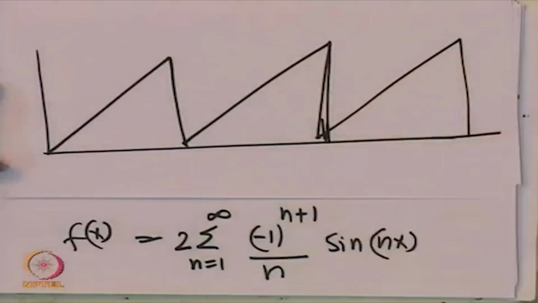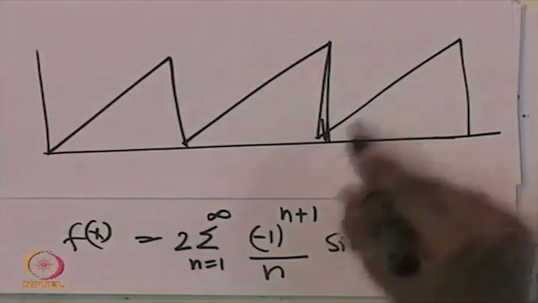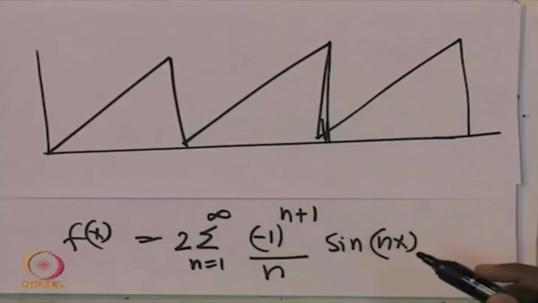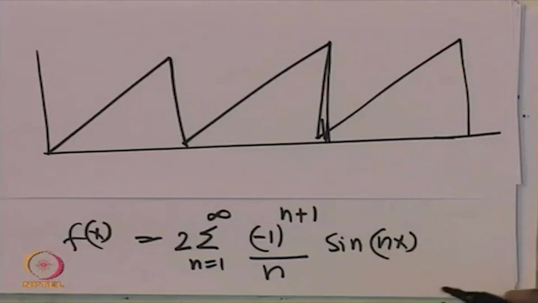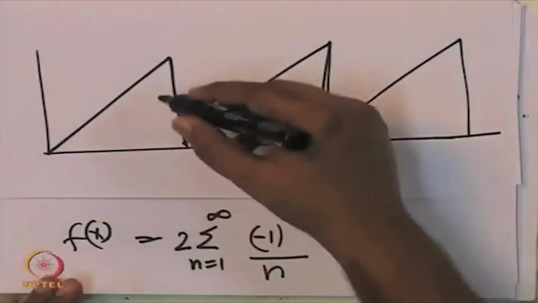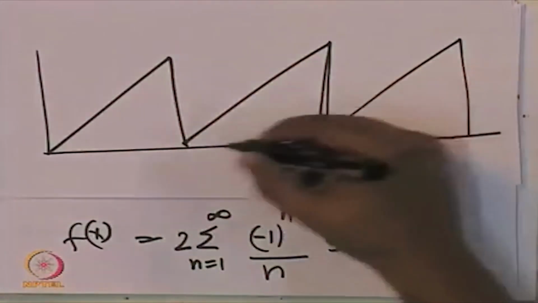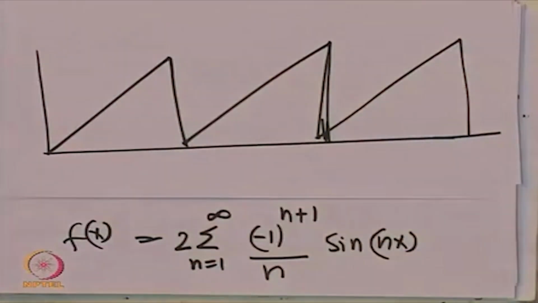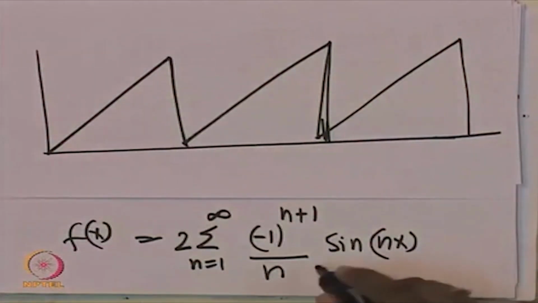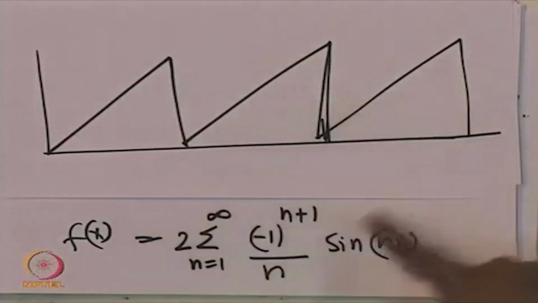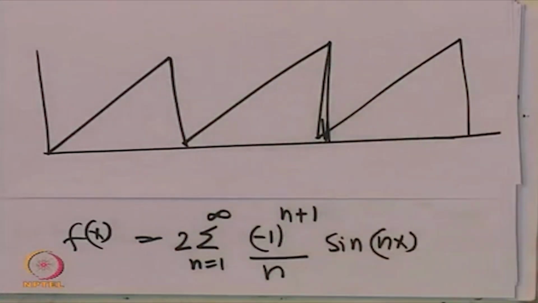This claim kind of looks non-trivial, because sine typically does not look sharp like this. Sine looks like a very smooth curve, and by summing such smooth curves infinite times, you get such a sawtooth like pattern. That is the claim.